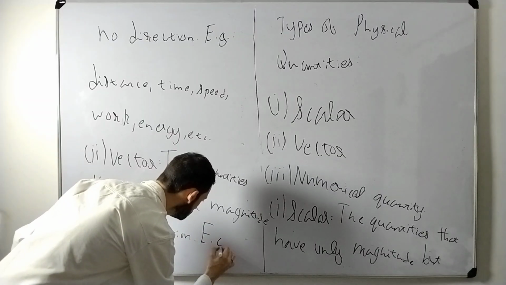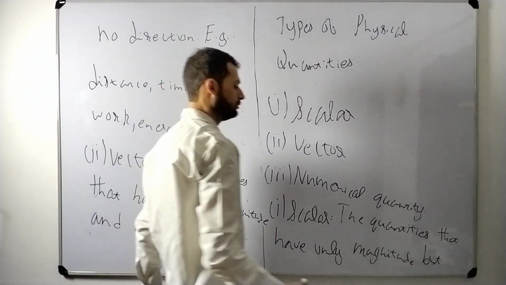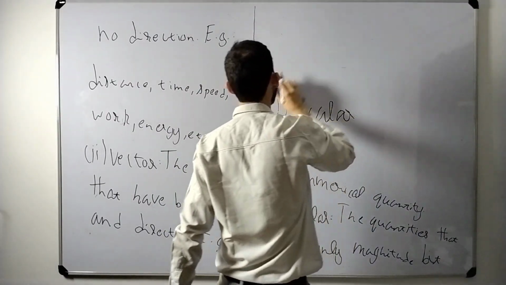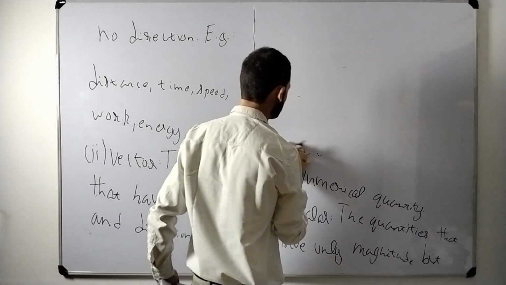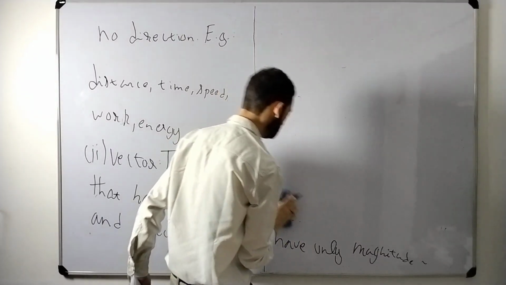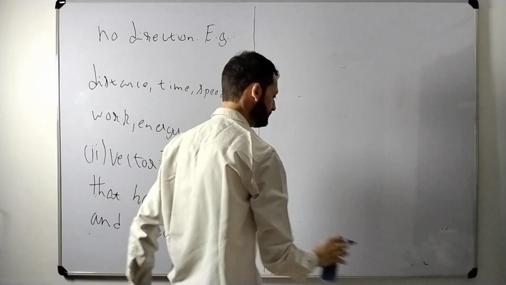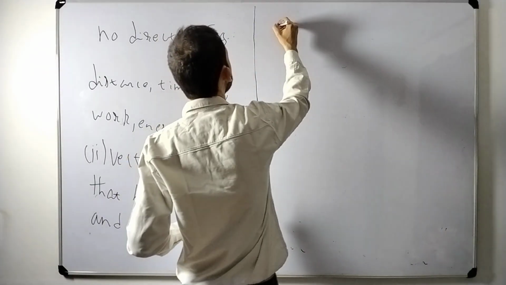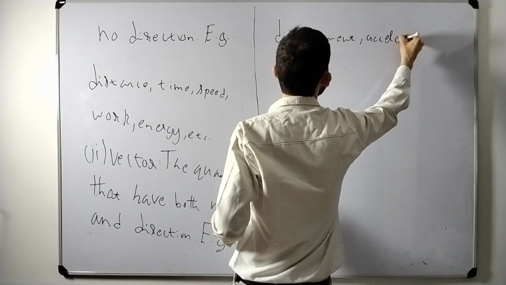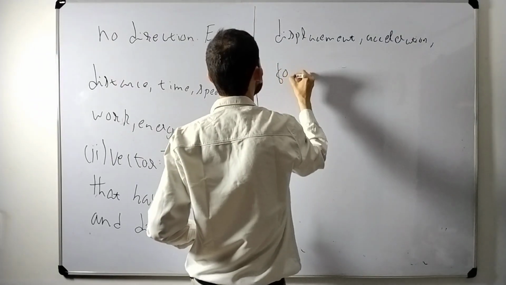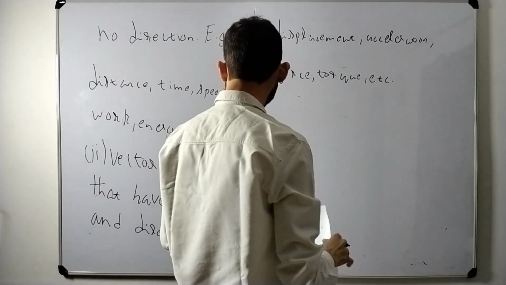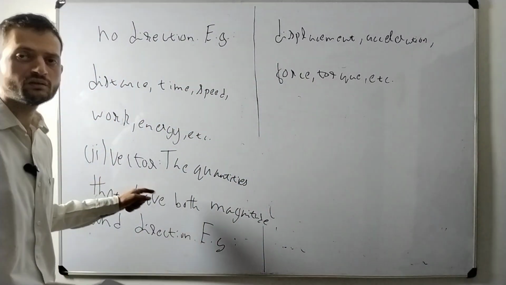Example: there are many examples: displacement, acceleration, force, torque, etc. Vector is a Greek word, students, that means a carrier.